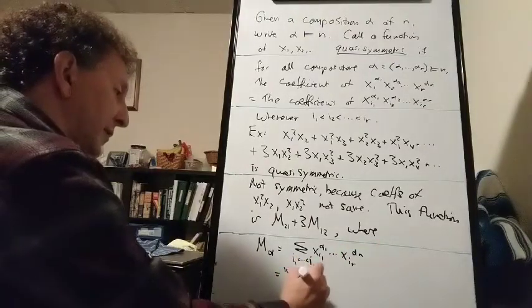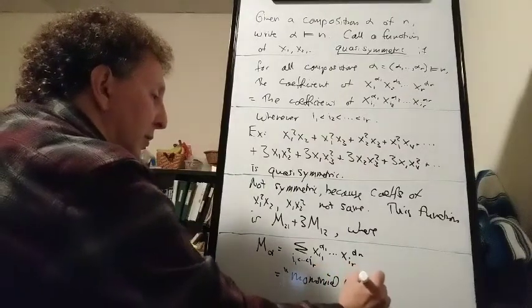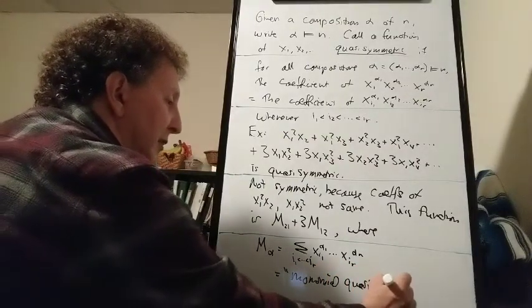This is called the monomial quasi-symmetric function.